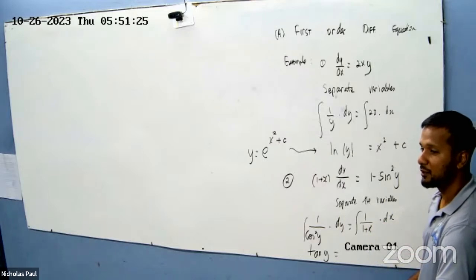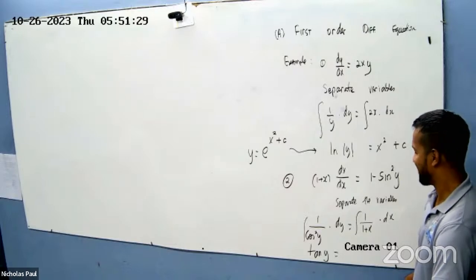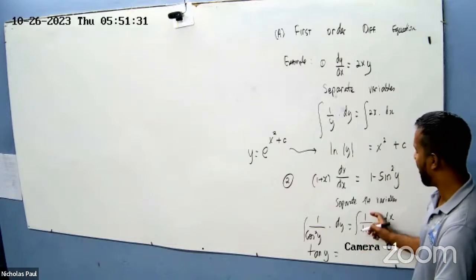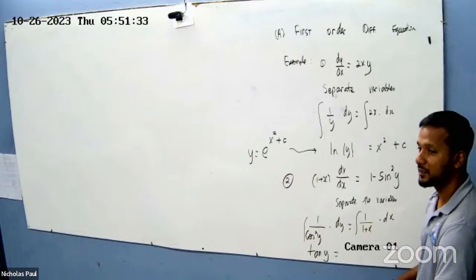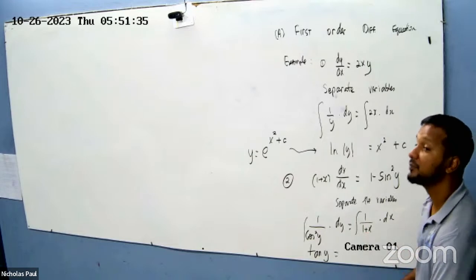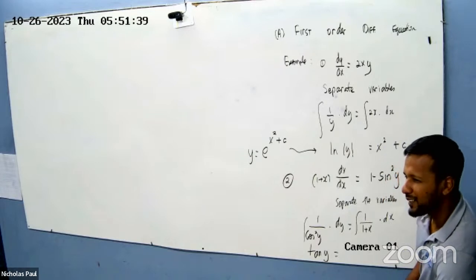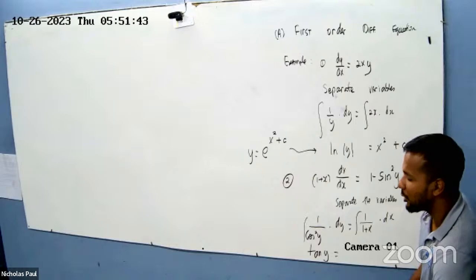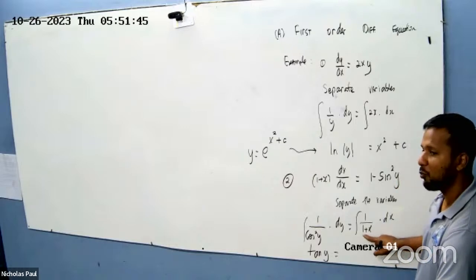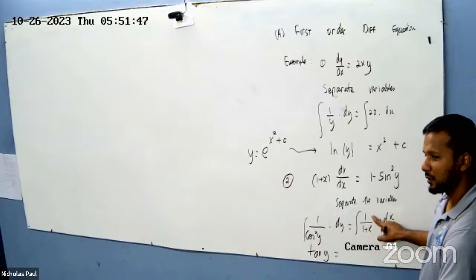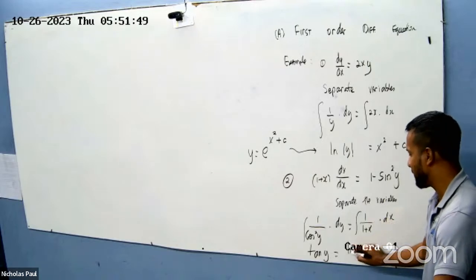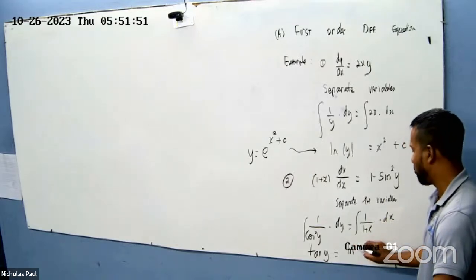What's the integral of 1 over 1 plus x? What's the differential of 1 plus x? So therefore, it's just simply ln of 1 plus x.